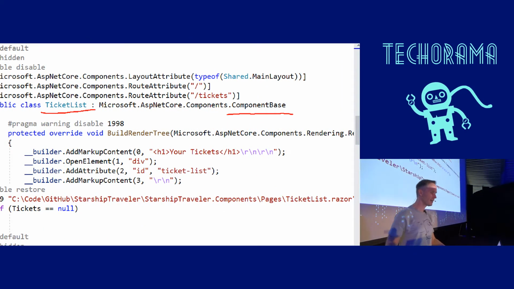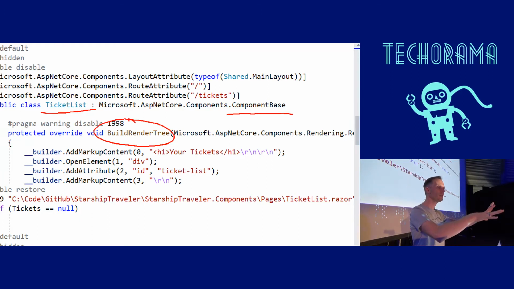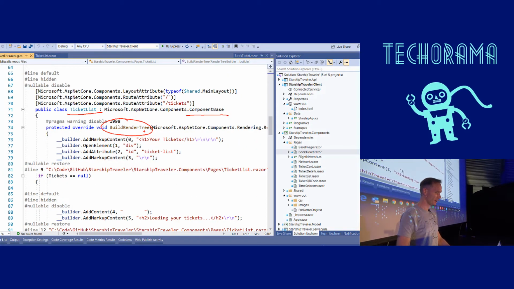You see it here. It's a class TicketList, which is derived from ComponentBase. And the point where I want to go to is this one, BuildRenderTree. What this method essentially does, you don't need to write it. It's generated from your Razor page. This method, the BuildRenderTree method, creates a binary document object model, not the one of the browser, but inside the C# runtime of the Blazor framework.